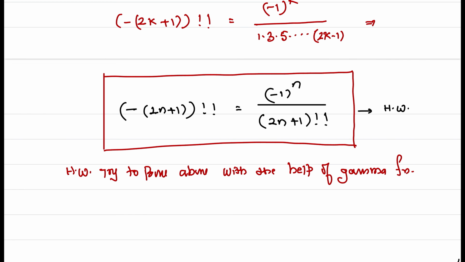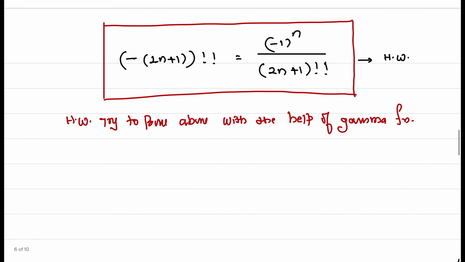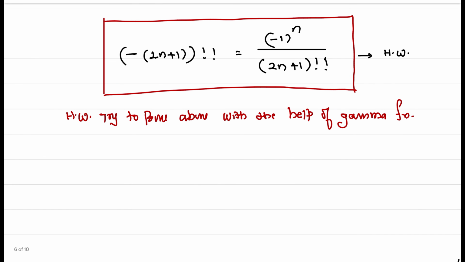And now we have to apply this formula for this one, because minus 101 I want. This one has to be 101. Please try to understand. 2n plus 1 is equal to 101.